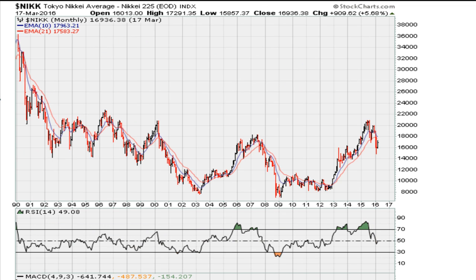And again, it bears repeating here that the weekly charts continue to look great. The weekly charts are still good, as you can see here, coming back to test the recent breakout. This breakout began in late 2012, from this move here in the 9,000 area to the highs here above 20,000.